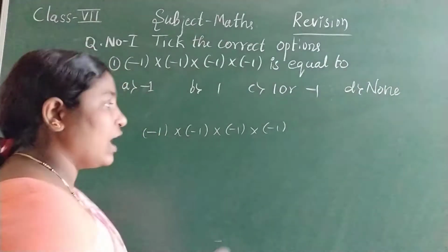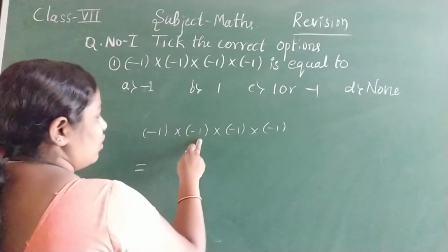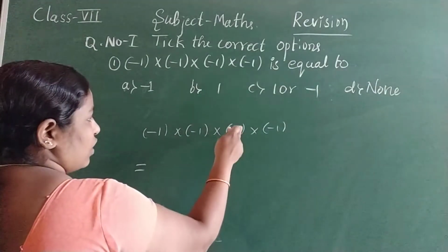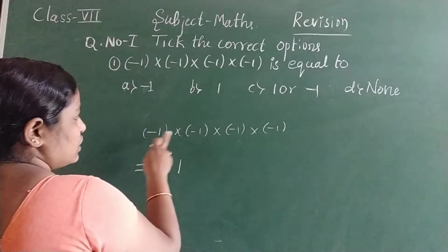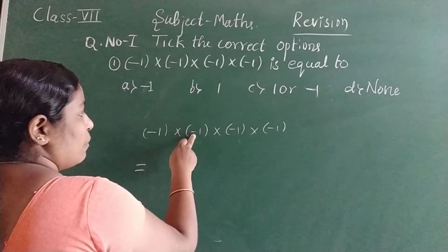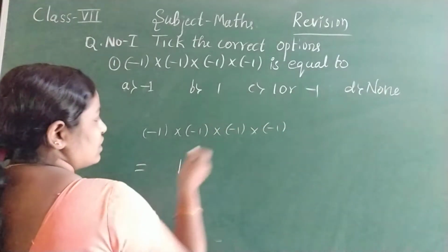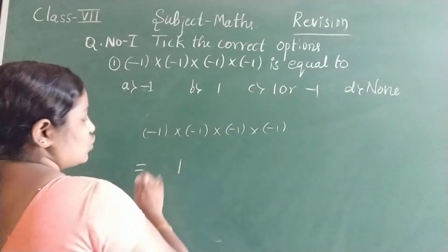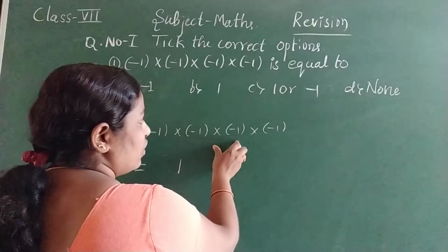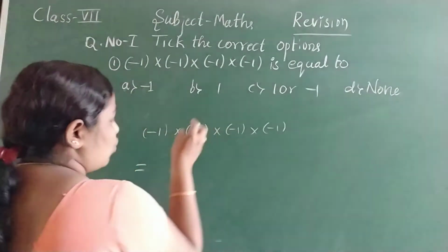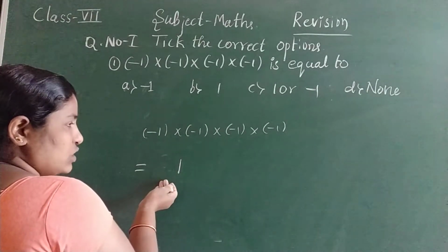The product will be negative or positive. 1 into 1, 1. 1 ones are 1. So what will be the sign? Minus into minus, plus. Plus into minus, minus. Minus into minus, again plus. So if you multiply an even number of negative integers, you will get a positive product.